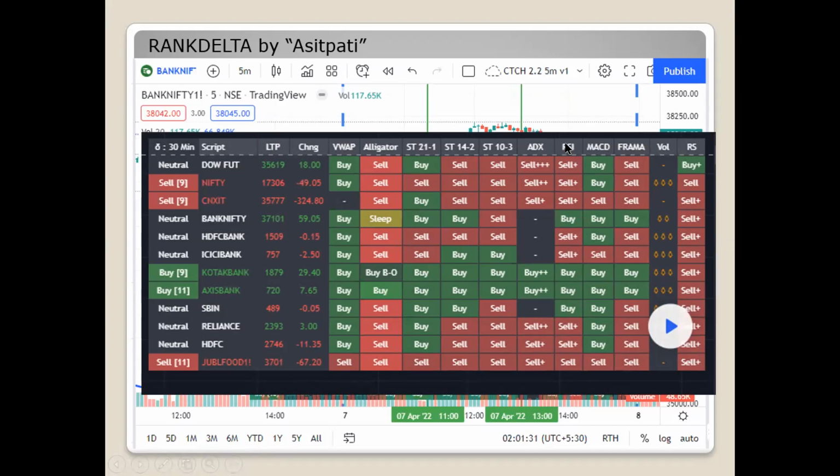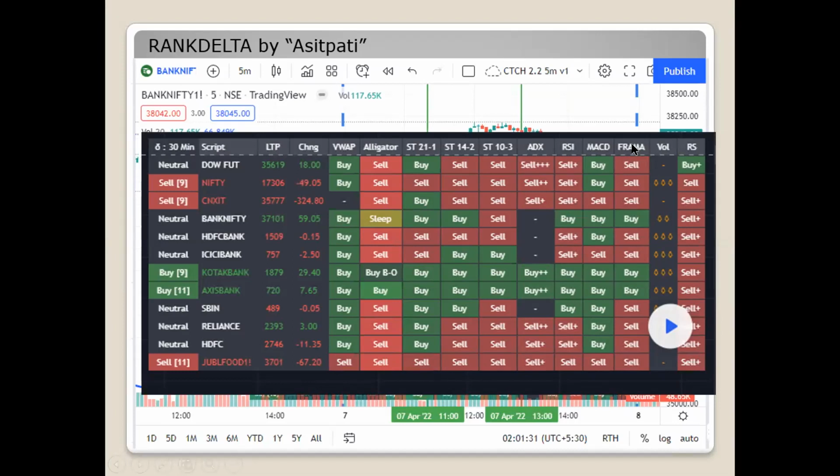Another one is the MACD, a trend following momentum indicator, the moving average convergence divergence. We are already aware of the MACD and other parameters. Now coming to another one, the FRAMA, which is the fractal adaptive moving average.